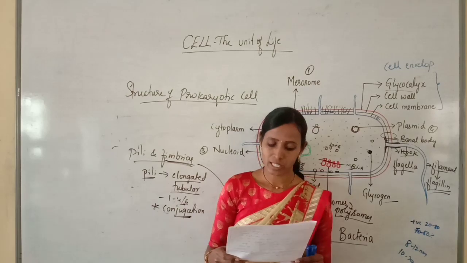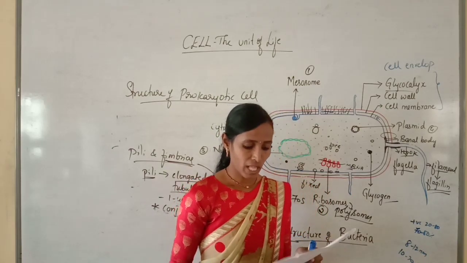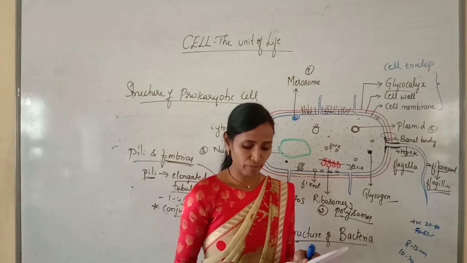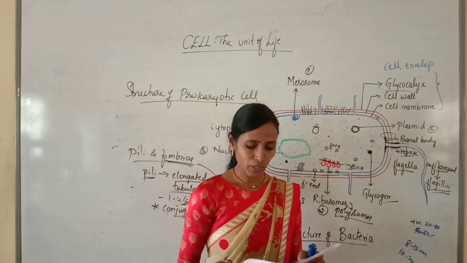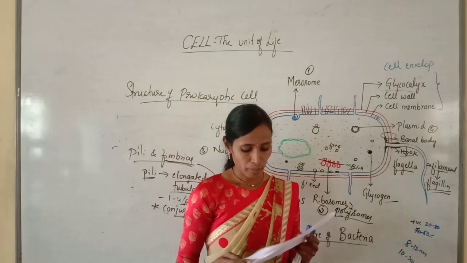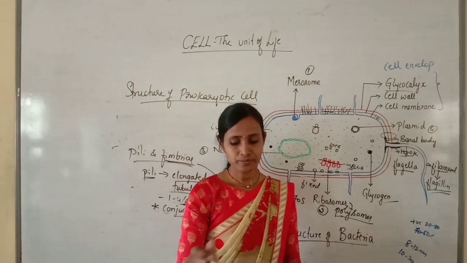So the bacterial cell wall is made up of peptidoglycan, option C is correct.